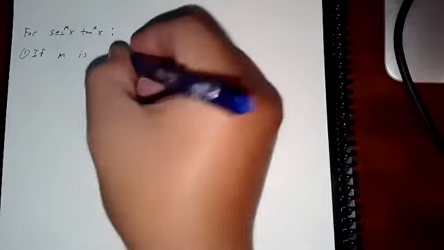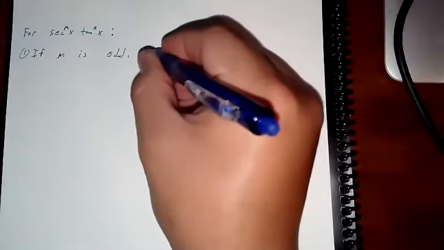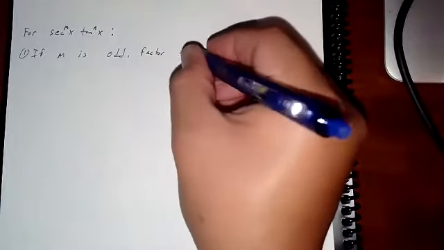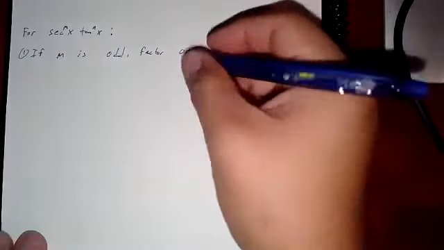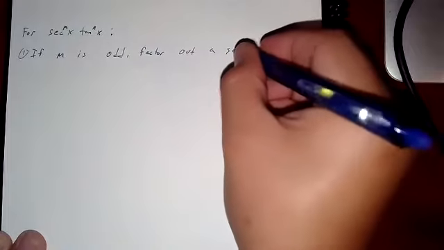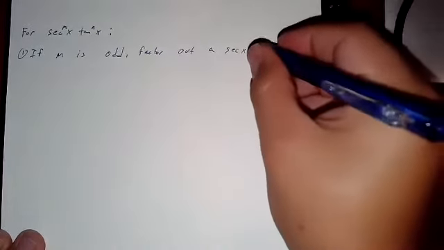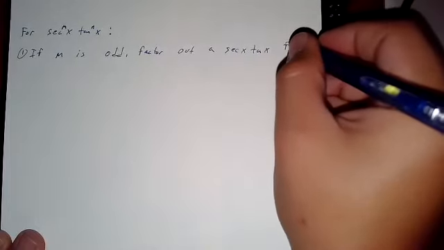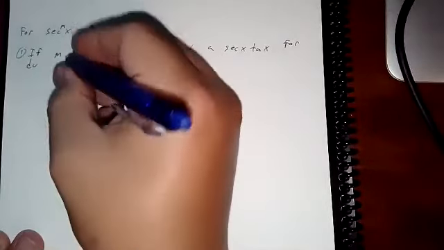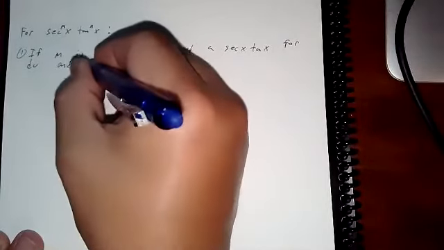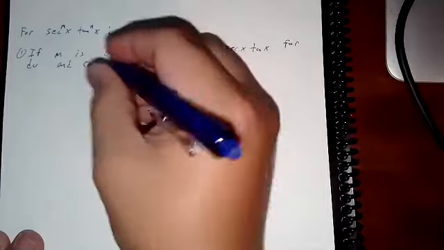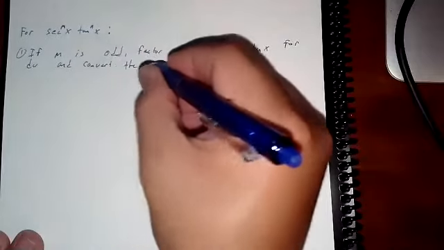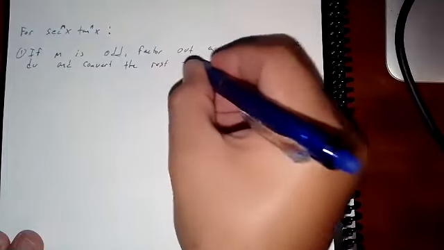If m is odd, factor out a secant x tangent x for du and convert the rest to tangent.